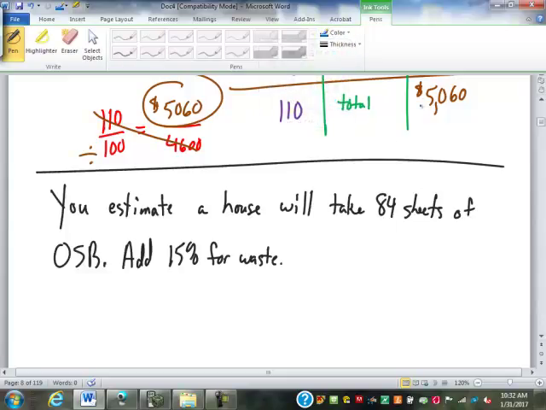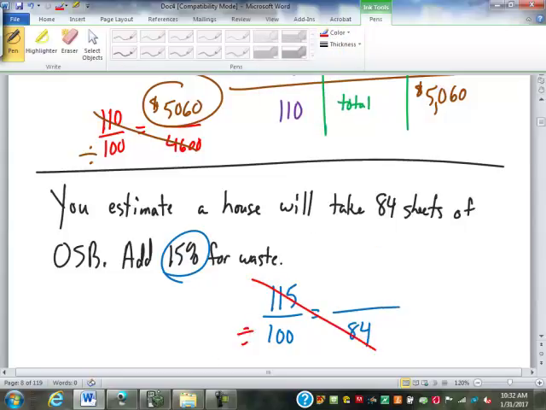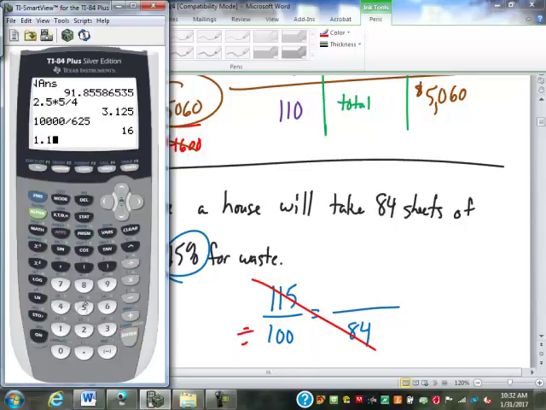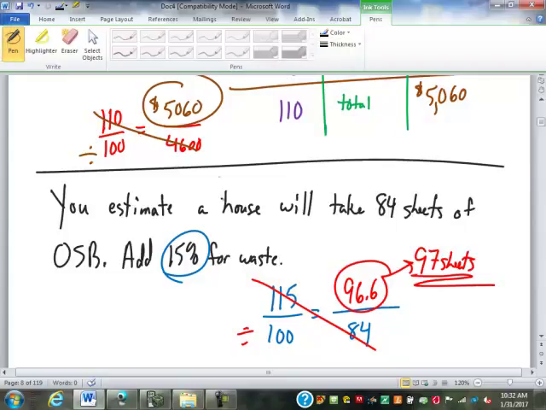The shortcut, what would we actually be looking for? 115%. So 115% is 115 out of 100. How much is that out of 84? So we are going to cross multiply and divide. 96.6, right? We're going to round to 97 sheets. What do you think? Not horrible?